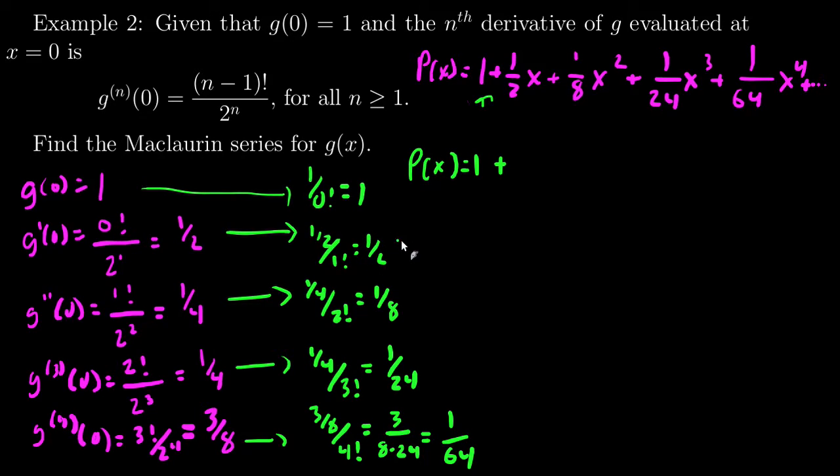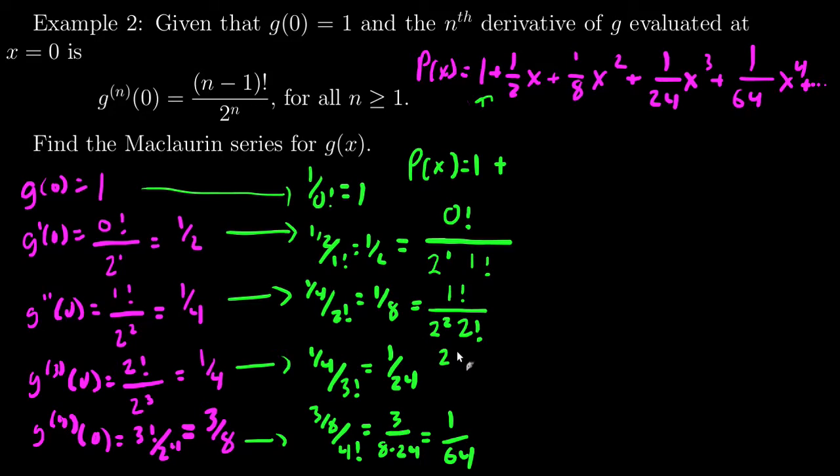This final thing was, I had a 0 factorial in the numerator. I had a 2 to the first in the denominator, and I had a 1 factorial in the denominator. This, I had a 1 factorial in the numerator. I had a 2 squared in the denominator, and then I had a 2 factorial in the denominator.